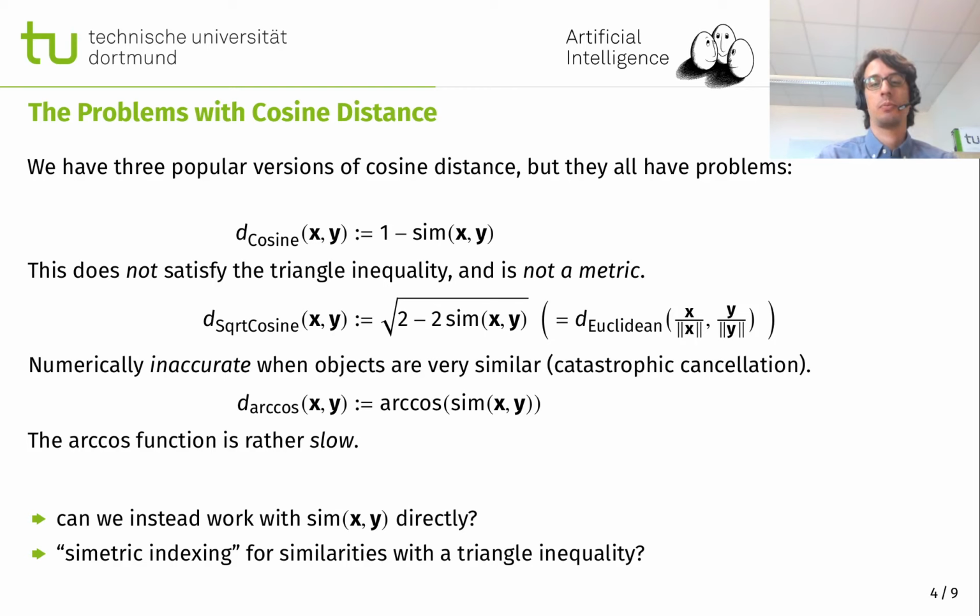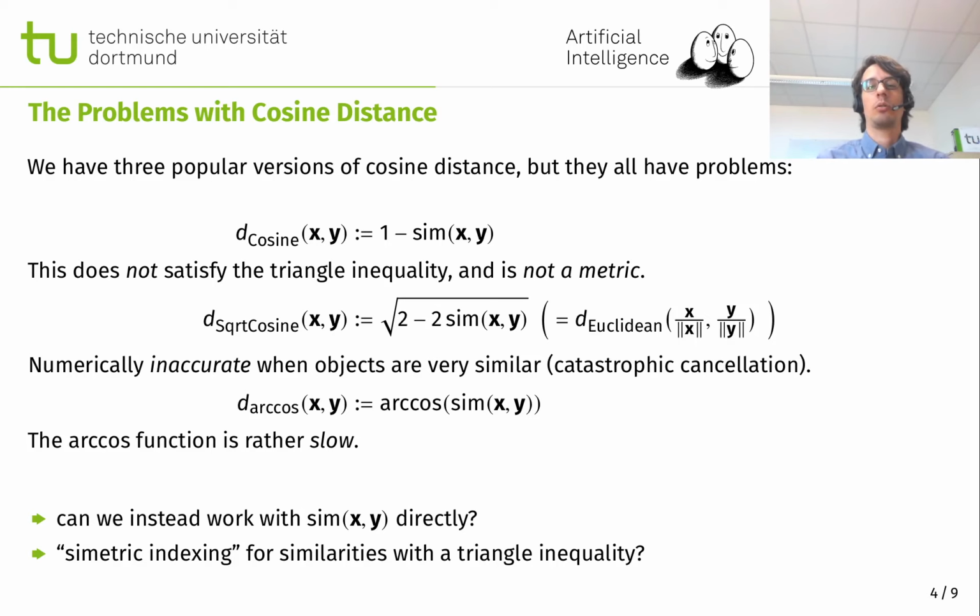It's too expensive. So it would be nice if we would not need to go from a similarity function to a distance at all. What if we could just do everything directly with the similarity function? In these top two cases, we wouldn't have the accuracy problem. So that would be nice.